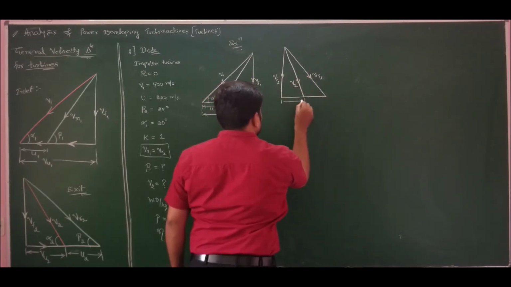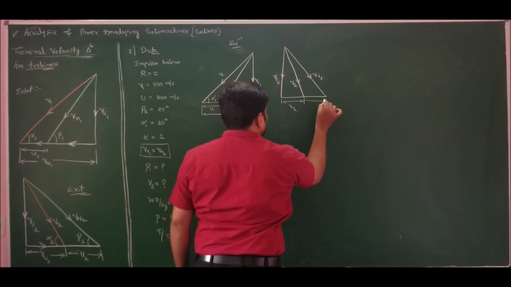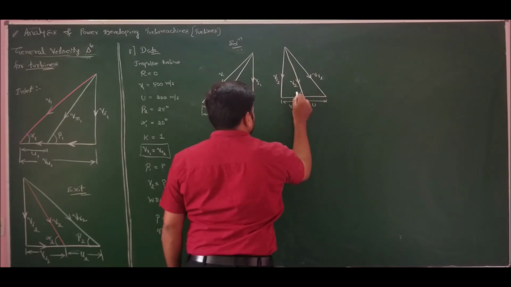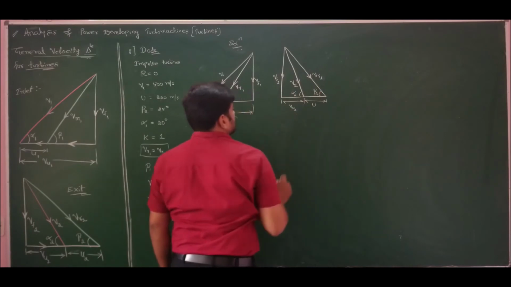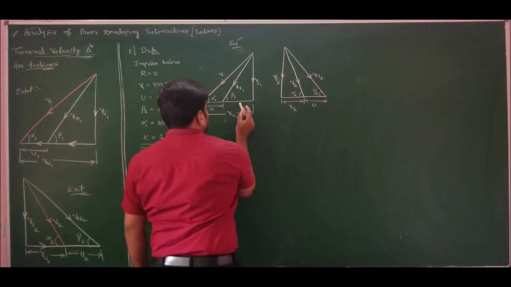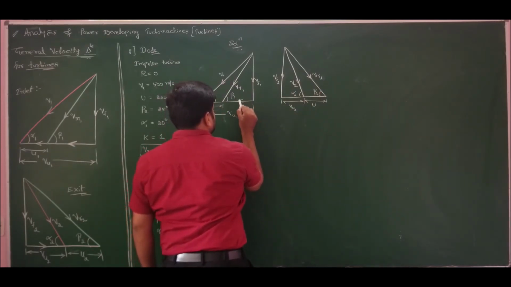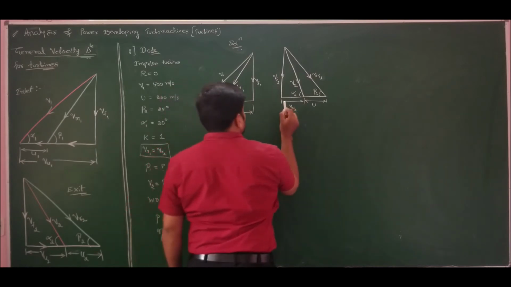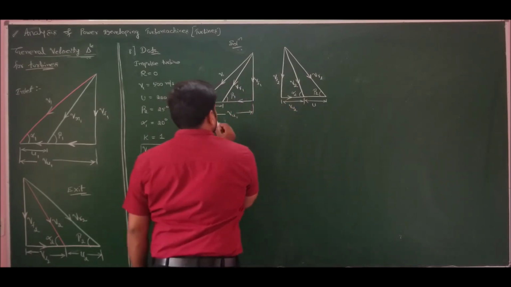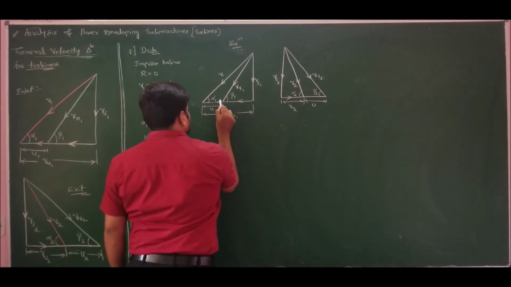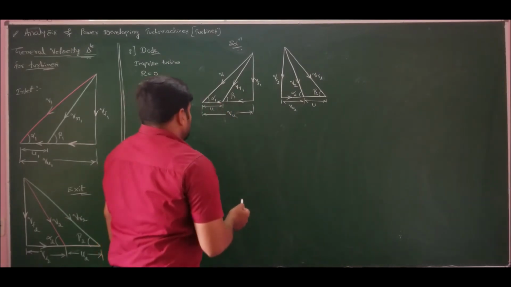Absolute to flow is VU2 and absolute to relative is U2. Since it is a steam turbine, it is axial flow, so U is common. We have alpha 2 and beta 2 respectively. So if we mark the base directions, V1 and V2 are in opposite directions. The blade is moving from right to left.